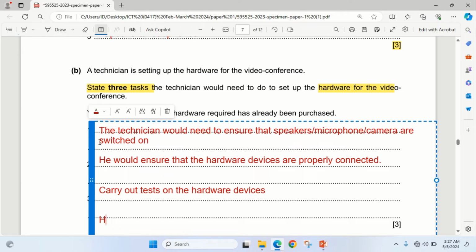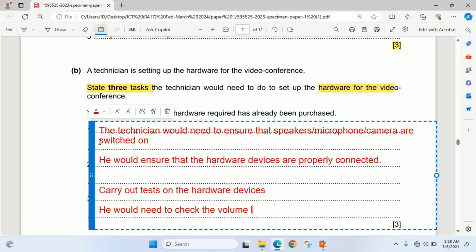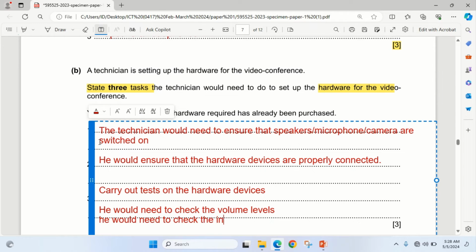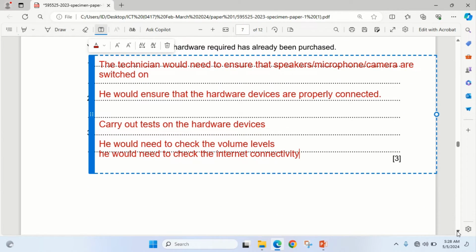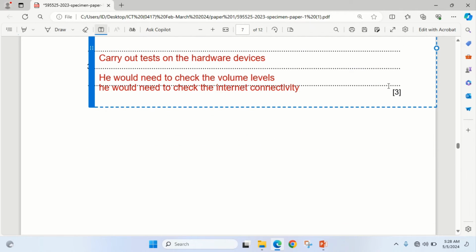You will need to check the internet connection, internet connectivity, whether it is stable, to ensure a smooth video conferencing session. So any 3 points here will earn you the full mark of 3, as has been said in the question. So take note of that.